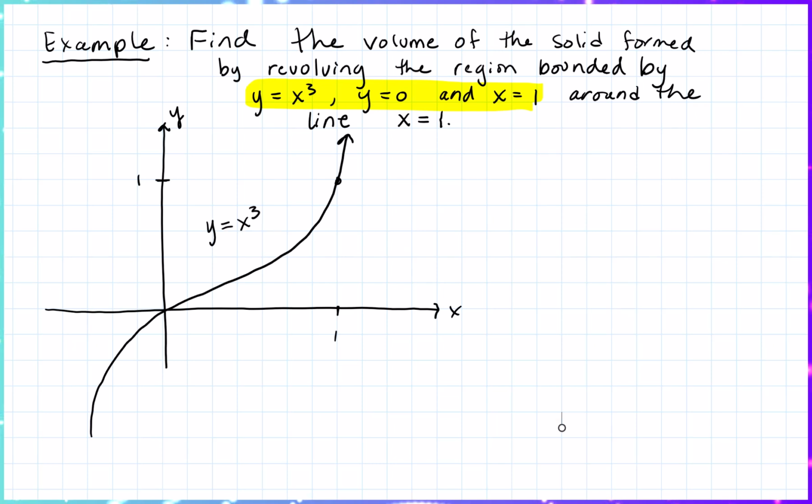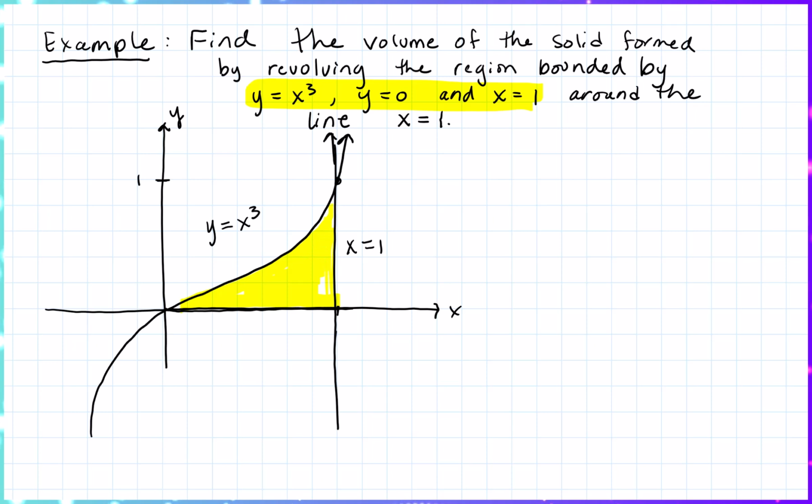Y equals 0 is the x-axis, so we've got a bound along the x-axis. And x equals 1 is this vertical line right here. So there's x equals 1. And the region bounded here, I'm going to highlight it, is this little region right in here.